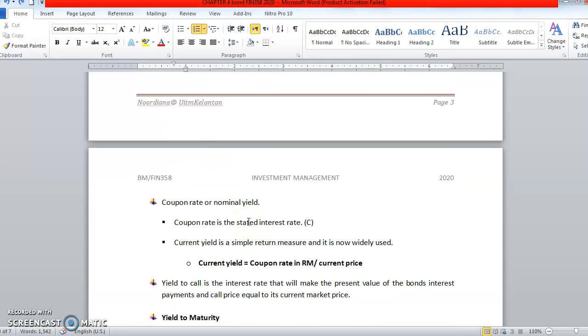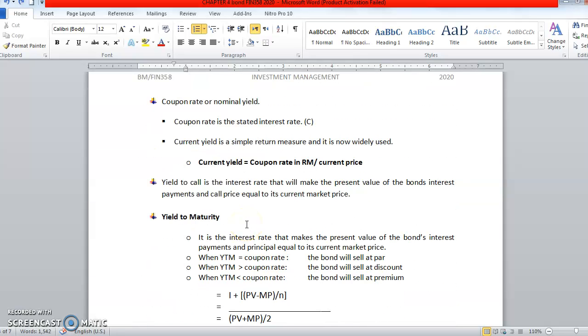So here we go. The calculation part for this one is how to calculate the coupon rate or the nominal yield. Sometimes the questions will ask you how to calculate the current yield. Okay, the same one, right? For current yield, how do we calculate that?